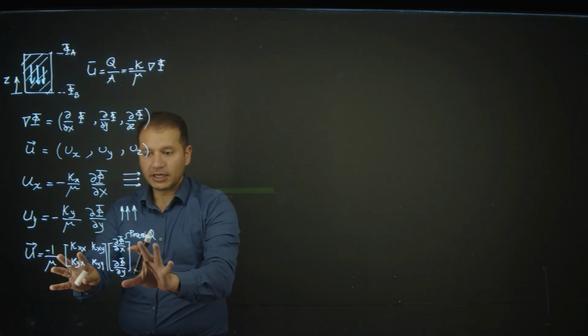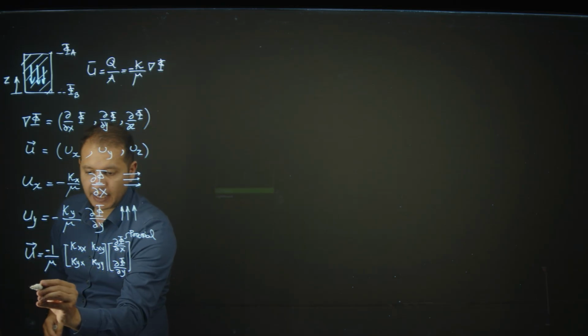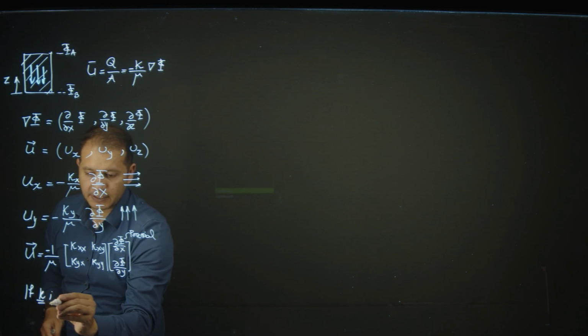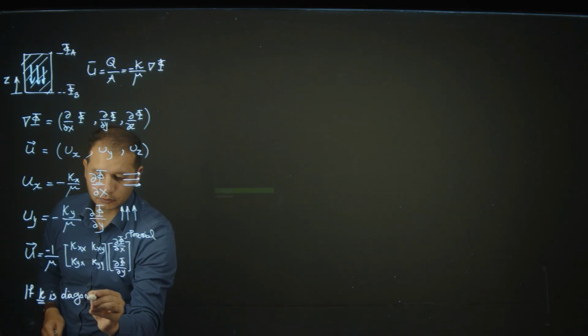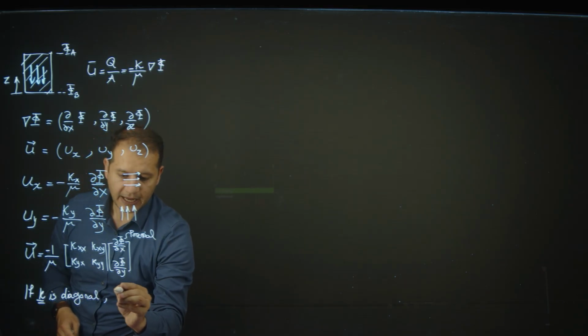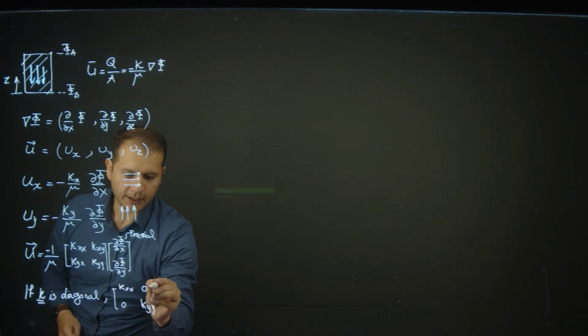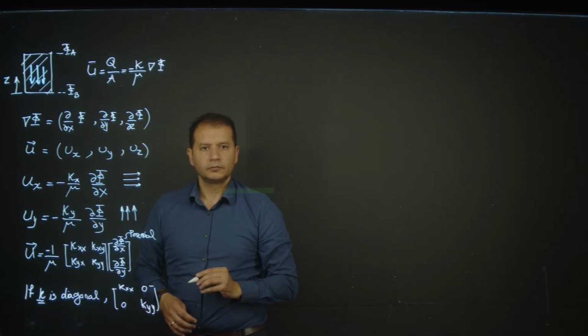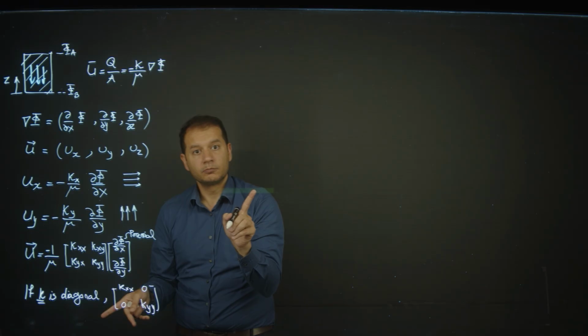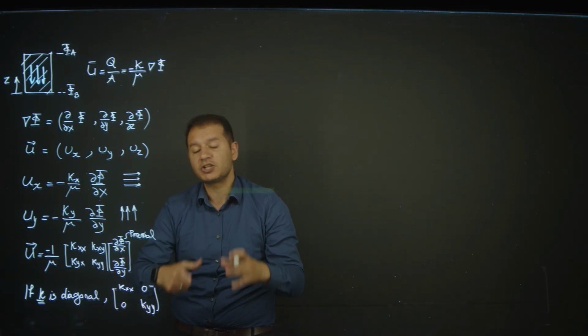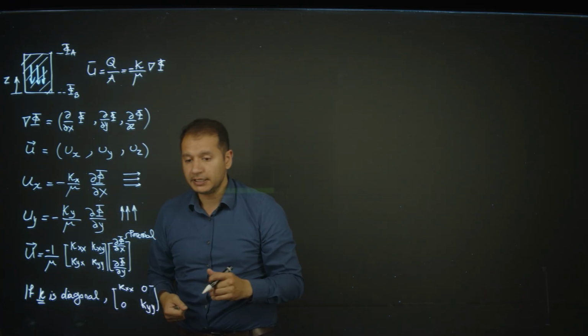Nevertheless, you need to realize that if, for example, the k tensor is diagonal, then you only will have kx, or xx to be precise, and kyy here. The other off diagonals will be 0. It may be possible that they are not 0 in real life. It's just a matter of upscaling that I will cover in the next lecture.